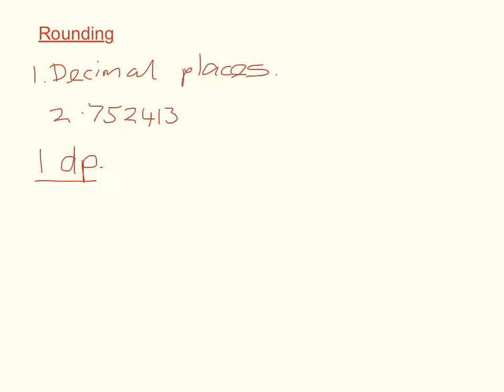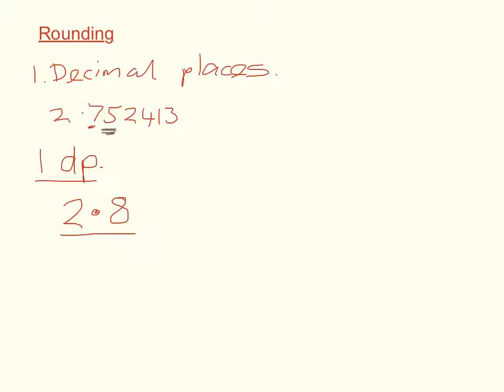So we write down every number up to that: 2 point. Now I have to decide whether that one decimal place is going to be a 7 or an 8. In order to decide that, I look at the next number, and if that is a 5 or above, then I round up. So that 7 becomes an 8. So to one decimal place, my answer is 2.8.